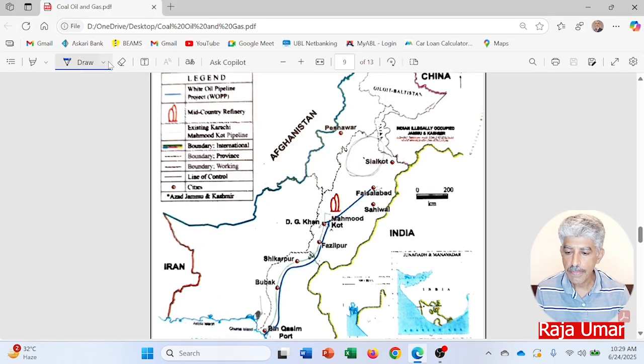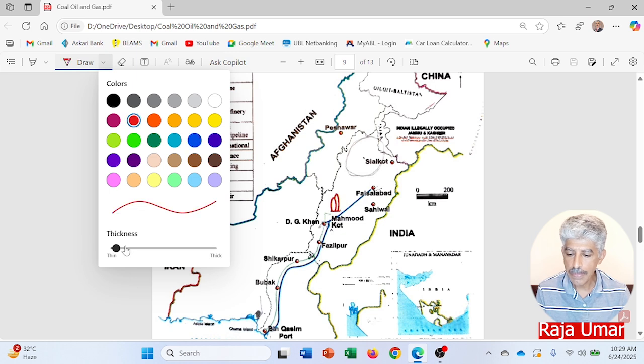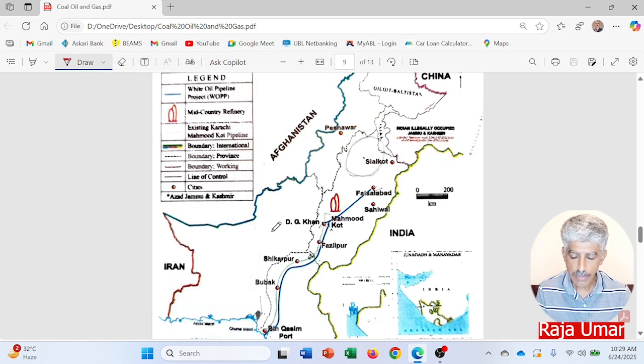Here we have the map showing the pipeline, and you can see that this is a new project to lay down a pipeline in Pakistan.